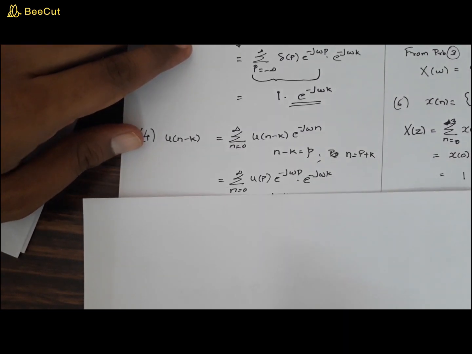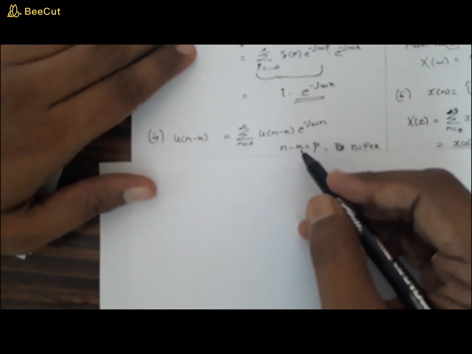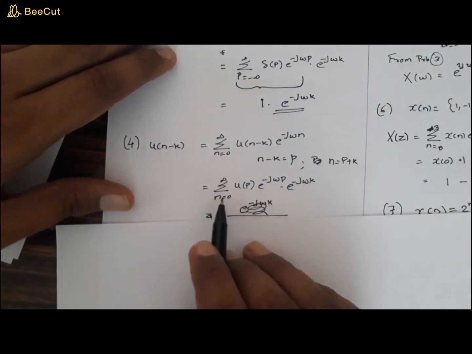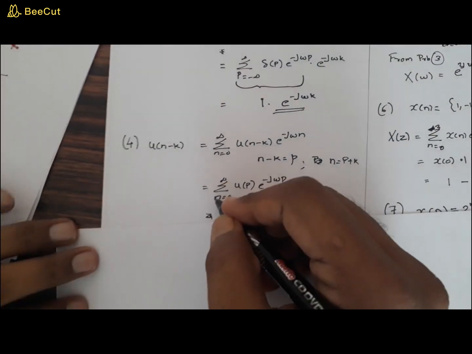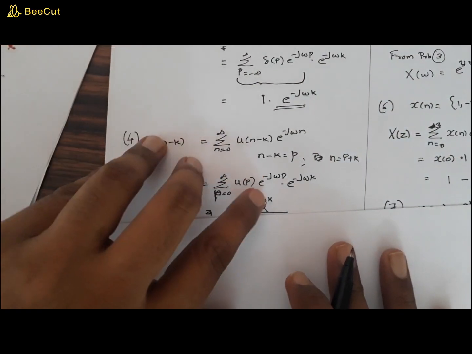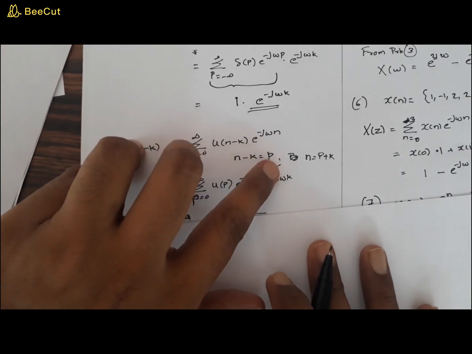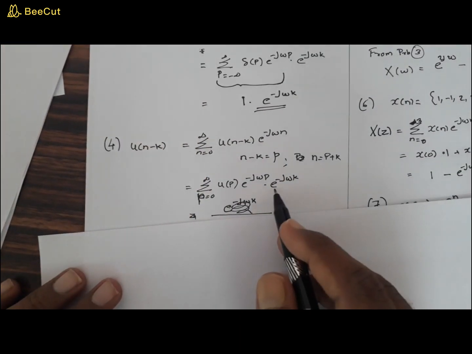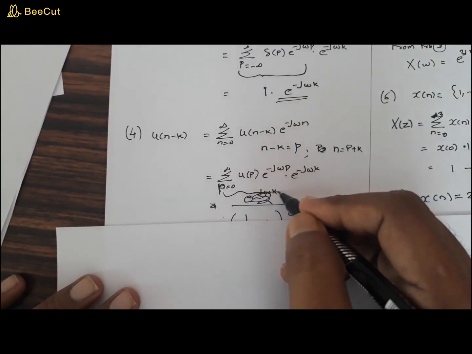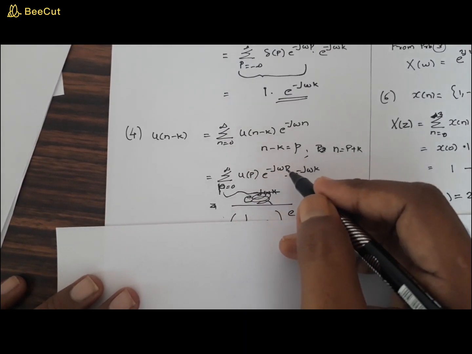So what you need to do is substitute n minus k with p, or n equal to p plus k. So p varies from 0 to infinity, u of p into e raised to minus j omega p. When you substitute n as p plus k, you can split this as e raised to minus j omega k times the sum over p equal to 0 to infinity of u of p into e raised to minus j omega p, which we have already found out.